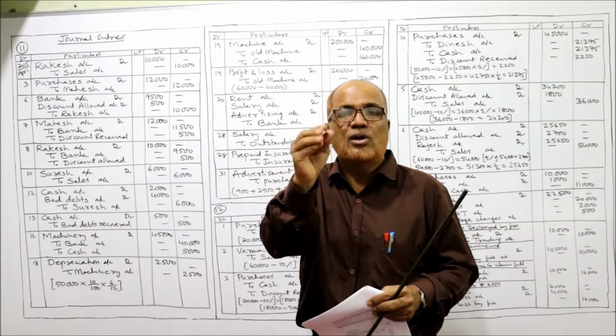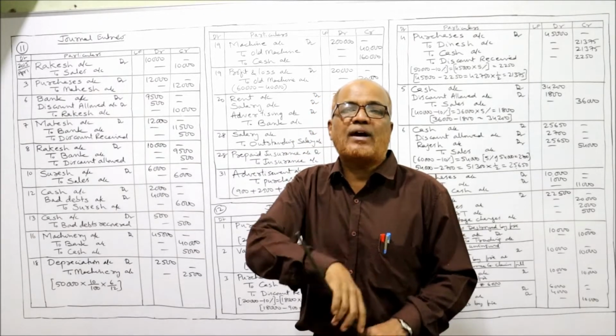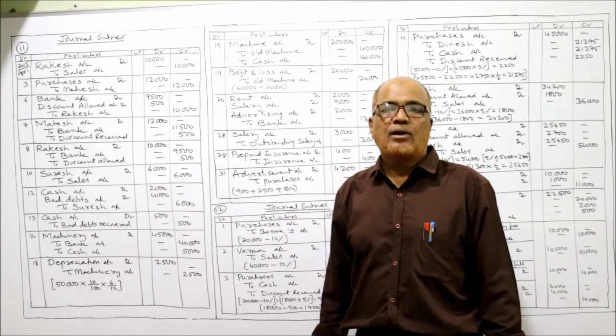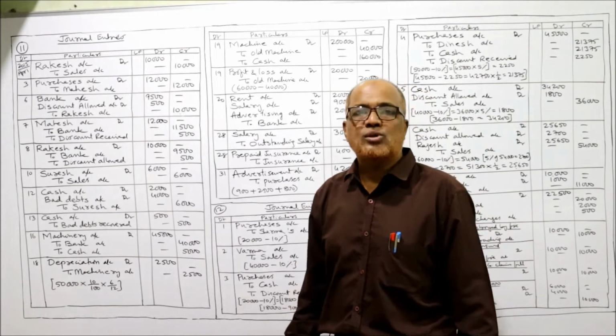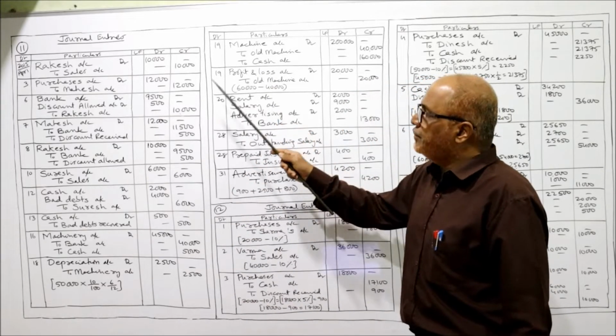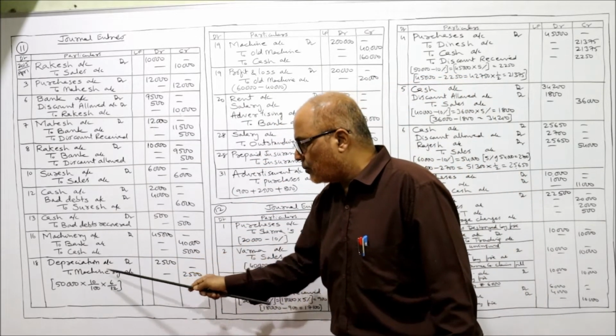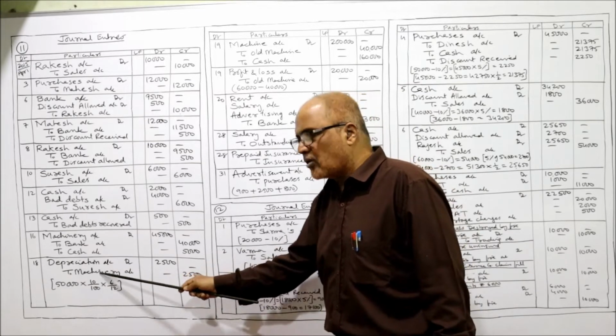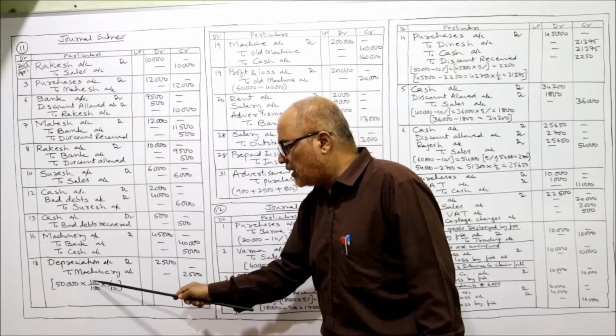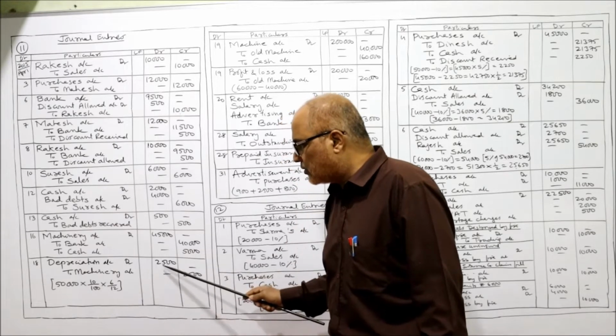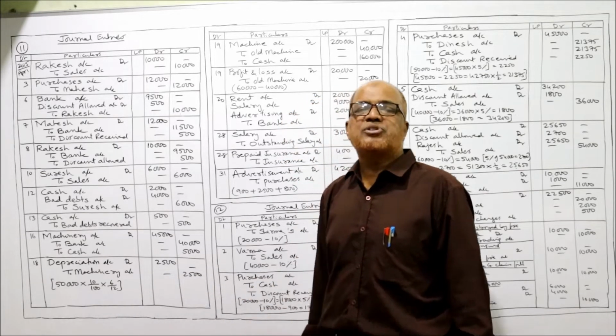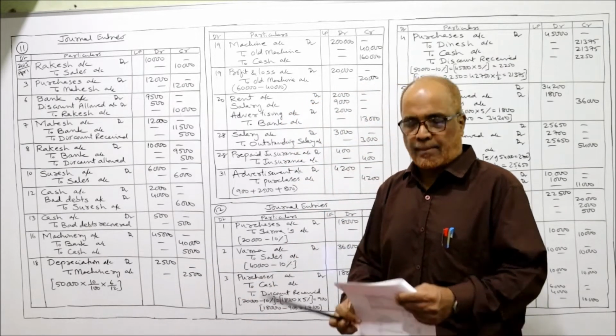For 6 months, half of 5,000, 2,500. So we have to provide depreciation 2,500. The entry is depreciation account debit to machinery account, 50,000 into 10 by 100 into 6 by 12, 2,500. Being the depreciation provided for 6 months.